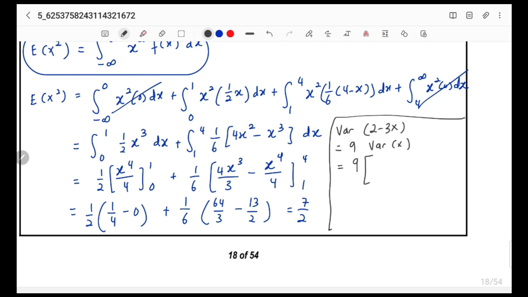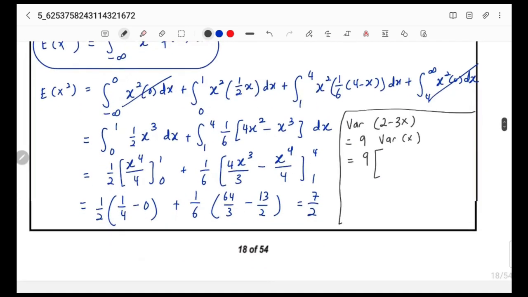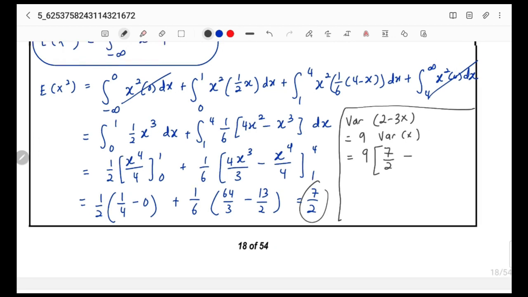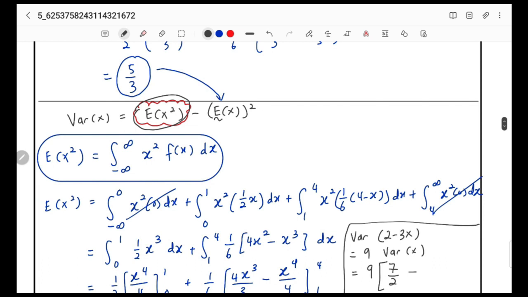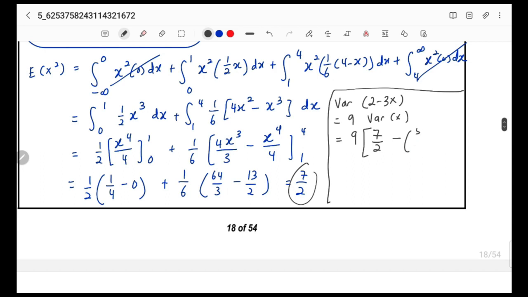So the formula for variance x is E of x squared, which is 7 over 2, and then minus E of x, squared, which means 5 over 3 squared. Which will give us the value of 13 over 2.